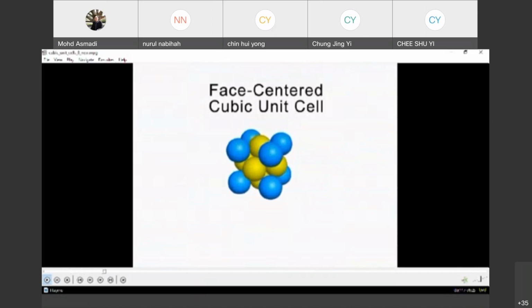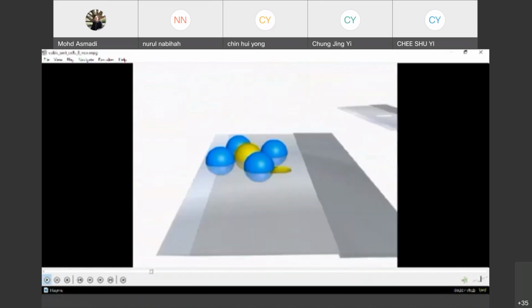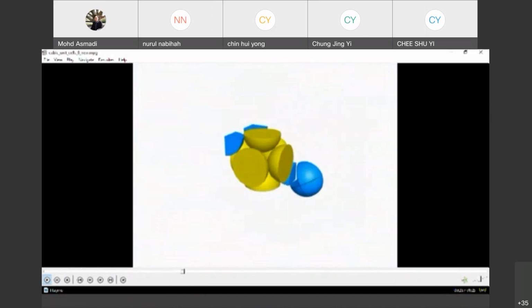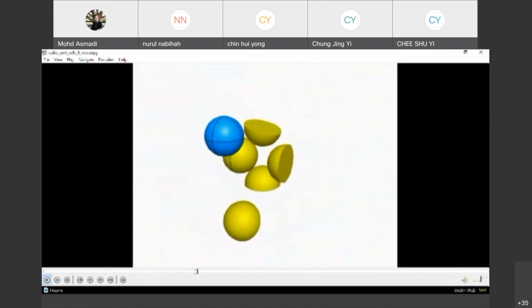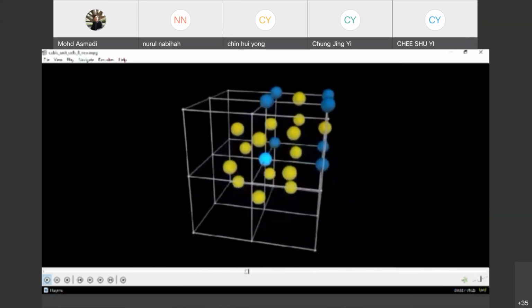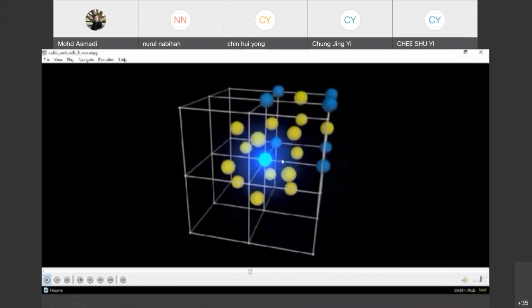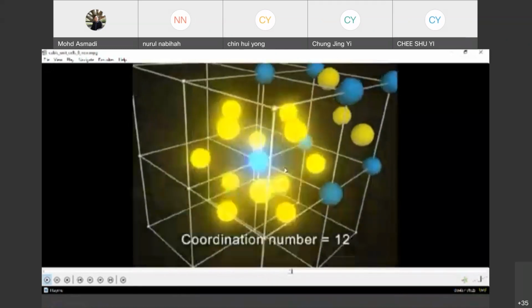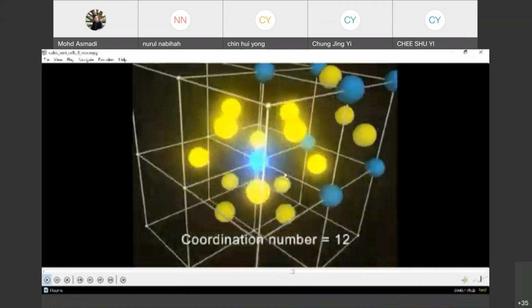Face centered cubic unit cell. This one 1, 2, 3, 4, 5, 6, 7, 8. 1, 2, 3. Yes, 4 particles per unit cell. Let's see the coordination number. It touches how many? 4. Another 4, 8, is equal to 12. So the total coordination number is 12.